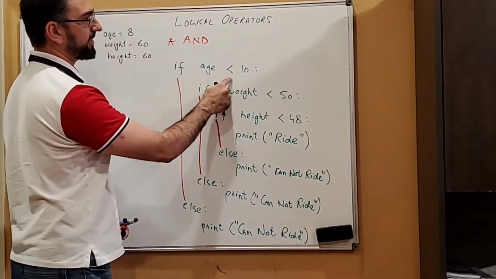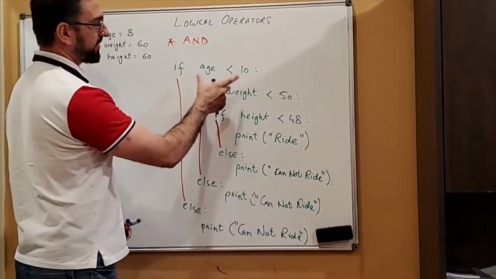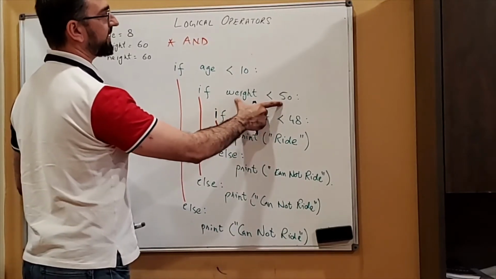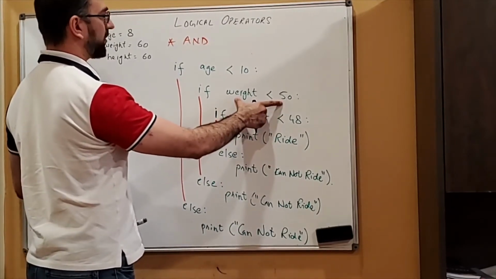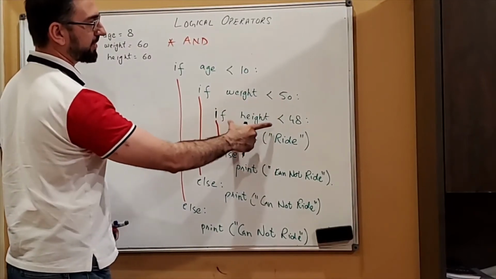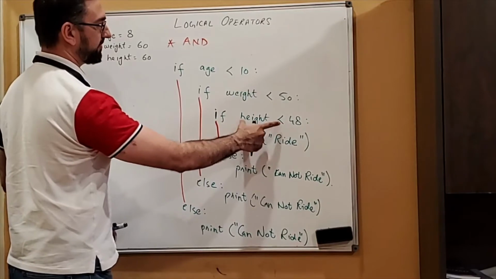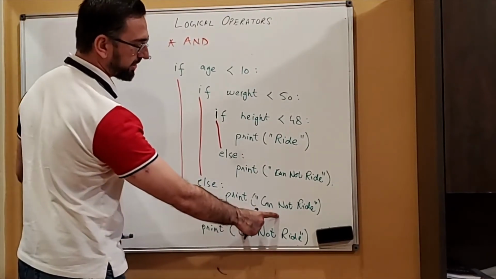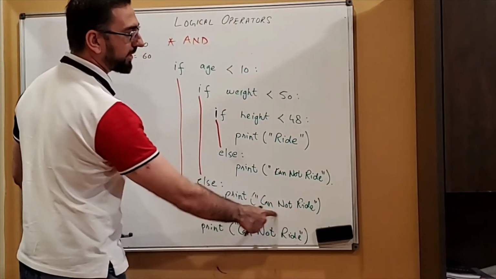Age 8 is less than 10. This will be true. Weight 60 is less than 50, which is false. So since this is false, it's not going to come inside and evaluate this if condition. It's going to go here, and it says print cannot ride.